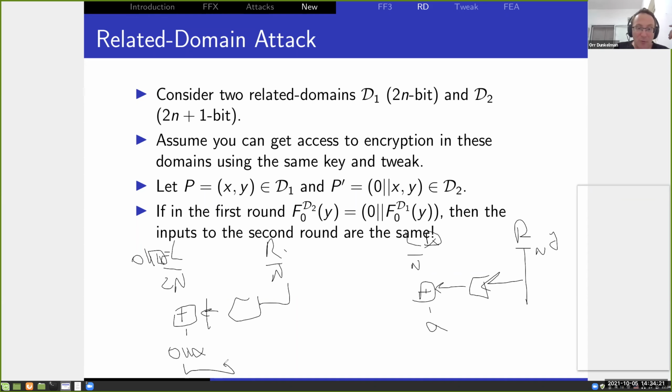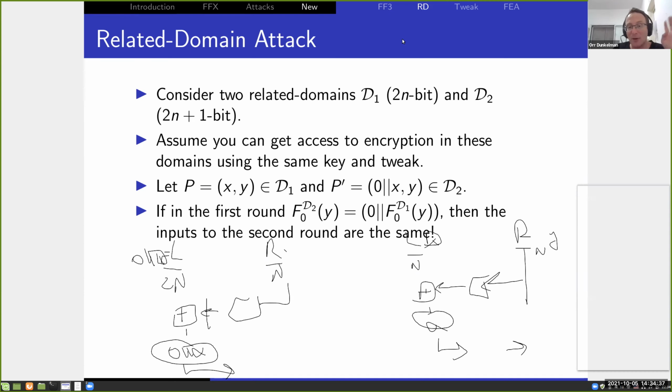Now, this goes into the round function of FF3, but it's essentially the same alpha because the encoding of 0 concatenated with alpha and alpha is the same. So I'm going to get the same output here. And then this is going to happen again and again and again, 4 times in total.